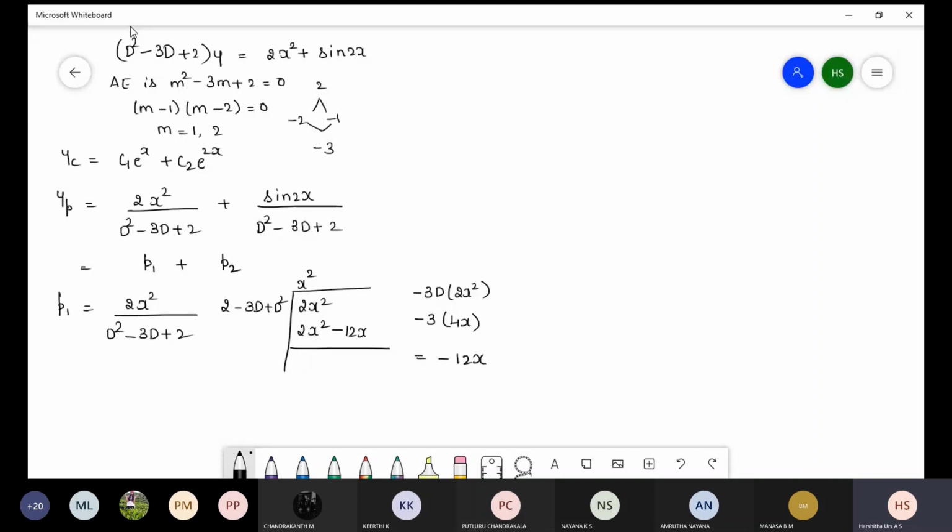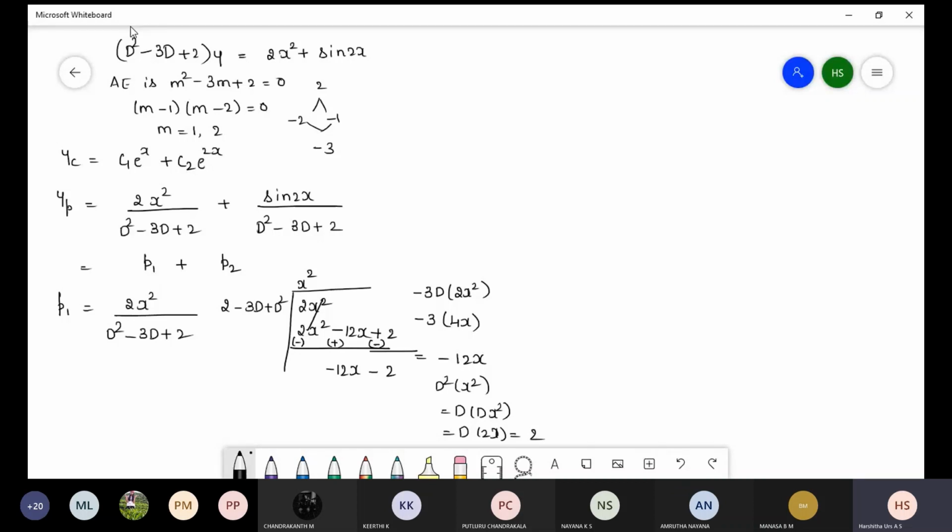Minus 12x. Next, D square of x square means differentiation of x square is 2x, next differentiation is 2. So write here plus 2. Now it is very important to change the sign. So here we get minus 12x, here we get 2.